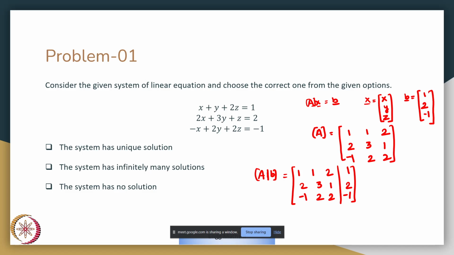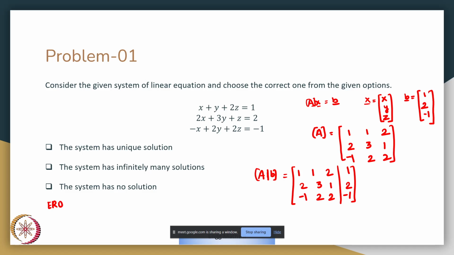To determine if the system has a solution or not, we could also have other methods such as checking the determinant of the coefficient matrix, which essentially determines if the coefficient matrix is singular or not. In our case, we have to apply elementary row operations.